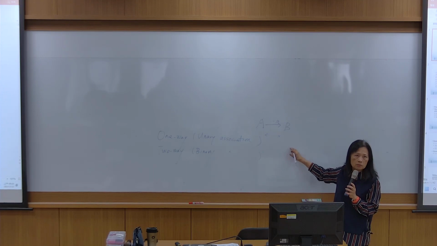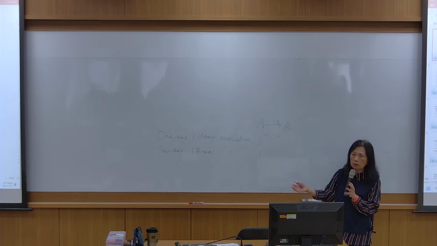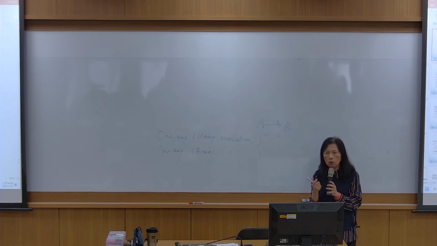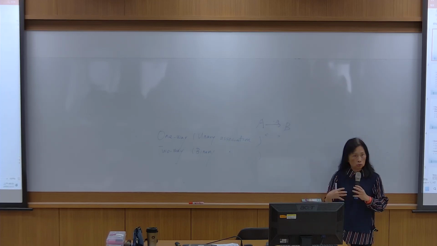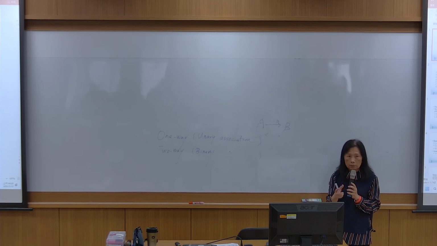Something is missing, so we need to fill in B. If you are a novice designer, you should know what B should have so that B can do the thing. That is related to a subtopic of today, the CRC card, right?